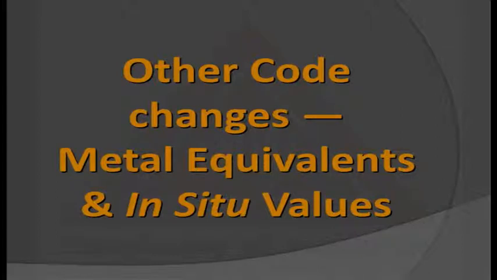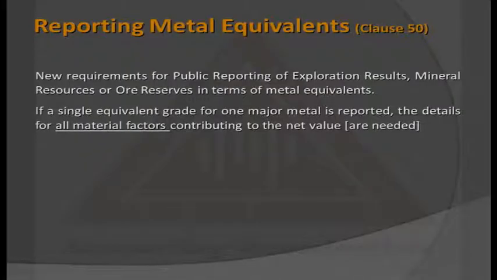So there have been a few other changes as well. One of those being metal equivalence and in situ values. With metal equivalence, if you're going to report a single grade for the major metal in your mineral deposit, you have to explain all the material factors contributing to that value.